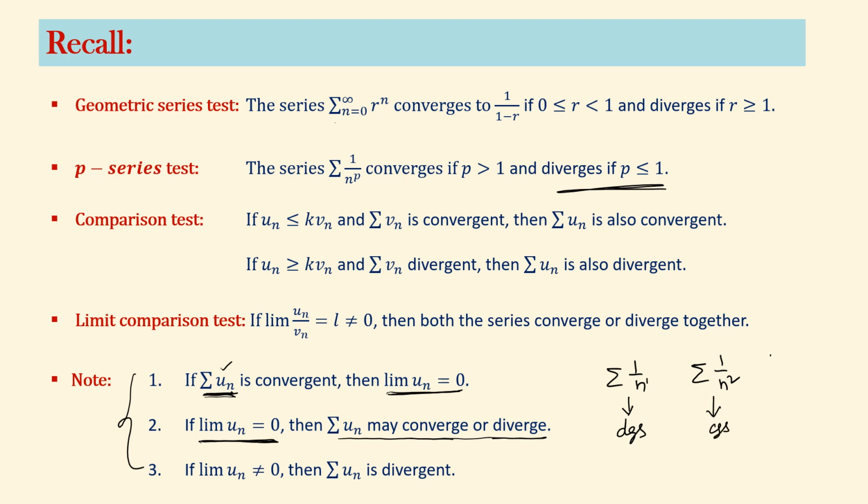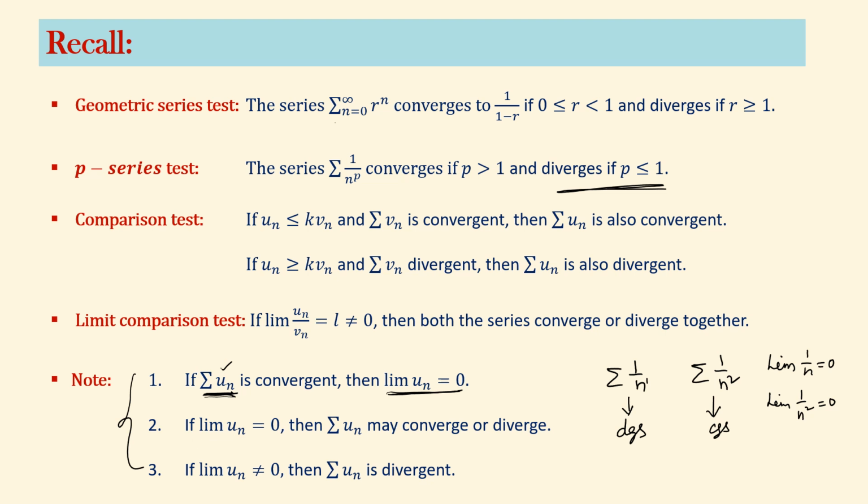But the limit of 1 by n is equal to 0 and the limit of 1 by n square is also equal to 0. So in both cases we are getting the limit as 0, but one series is converging and one series is diverging. So we cannot predict the nature of the series if the limit of un is equal to 0.